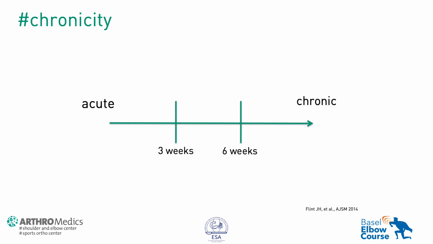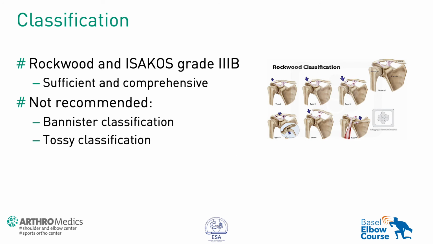What do we find regarding chronicity? We agreed that, as I said before, less than 3 weeks is considered acute, and over 6 weeks is considered chronic. So there is a little gap in between, which is 3 to 6 weeks, which we consider as a subacute stage.